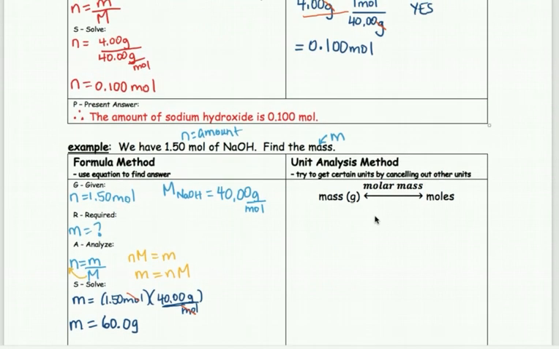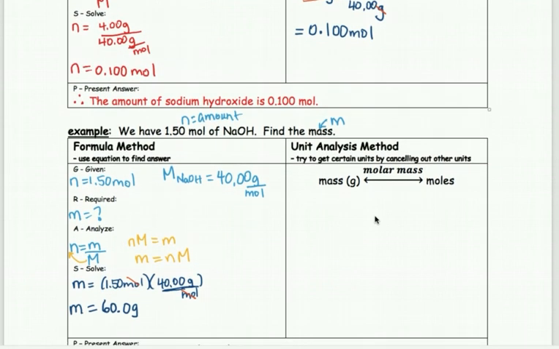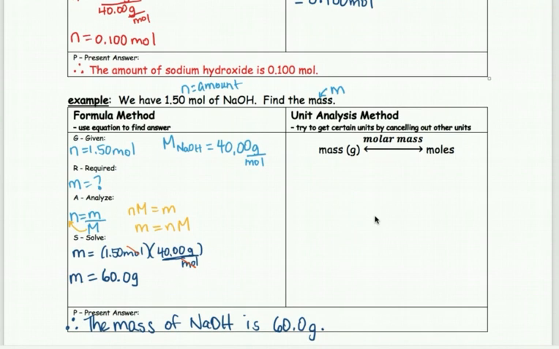Example 2: we have 1.5 moles of sodium hydroxide. Find the mass. So again, just write out the information that you're given: 1.5 moles. Then I also have the molar mass, so I'm just going to write that right beside.